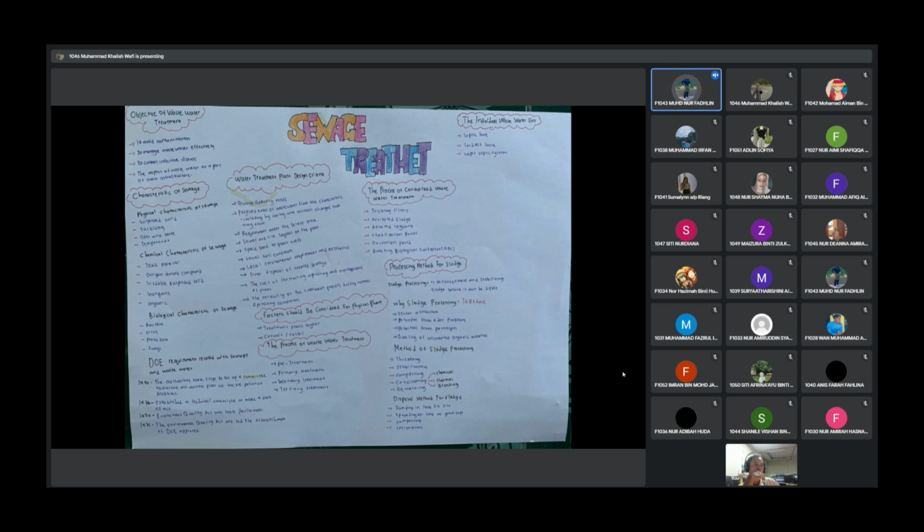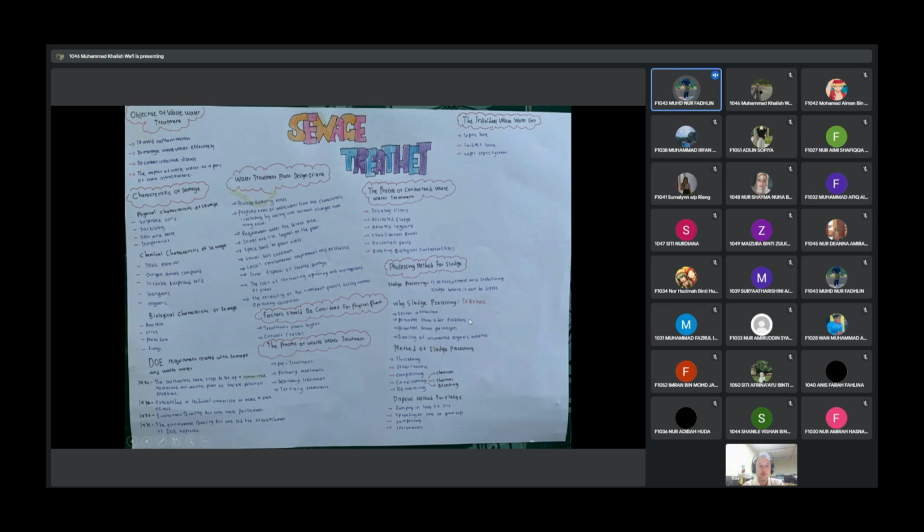Next is the water treatment plant design criteria. Next are the factors that should be considered for the physical plant and the process of the wastewater treatment.